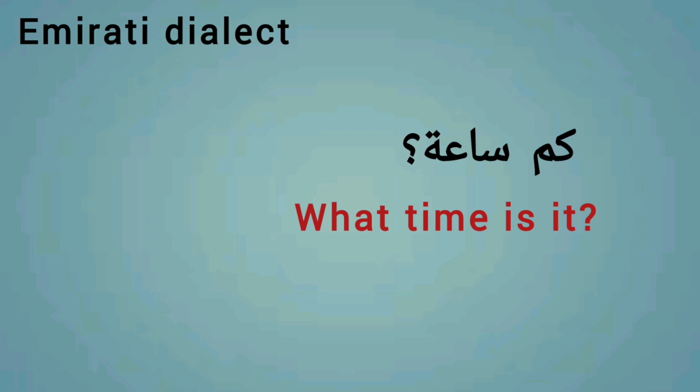We said that كم means how many or how much, but in this context we have to translate it as what, because in English we don't say how many is time, we say what time is it.